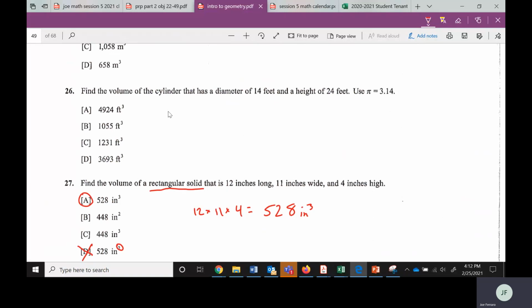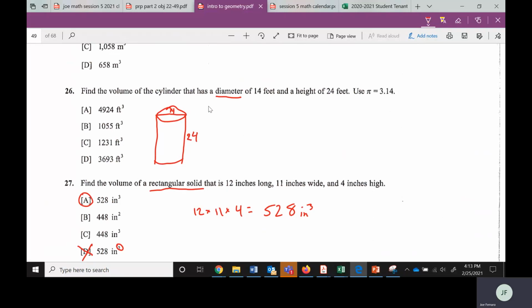Now a little bit of difference with this one is, not the best looking can, but it says diameter 14. So that's the distance across here. And then the height is 24.